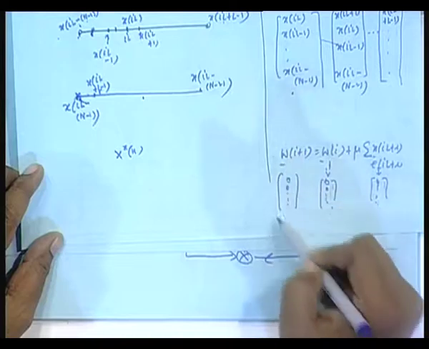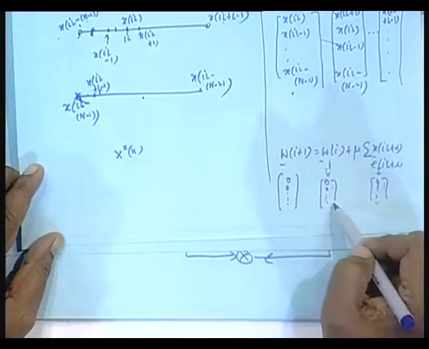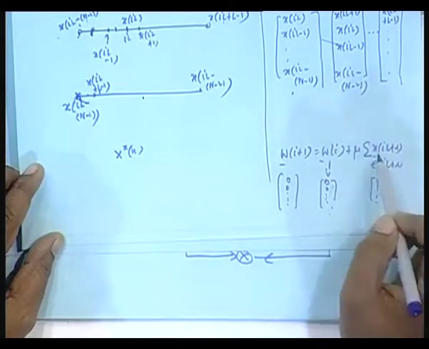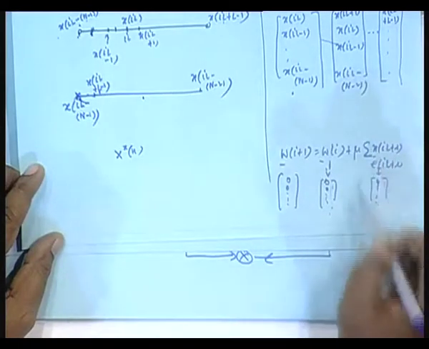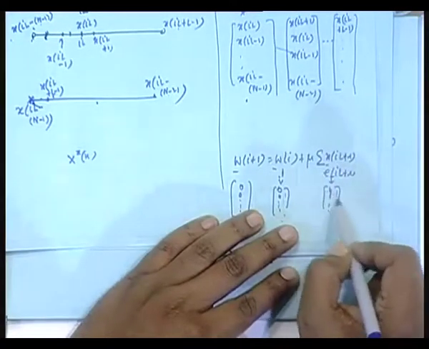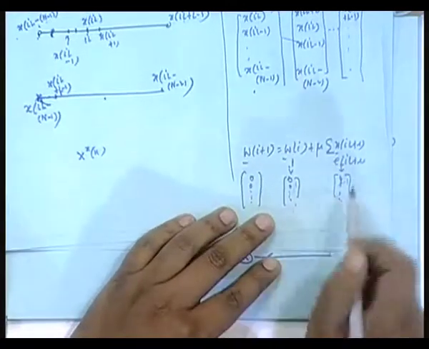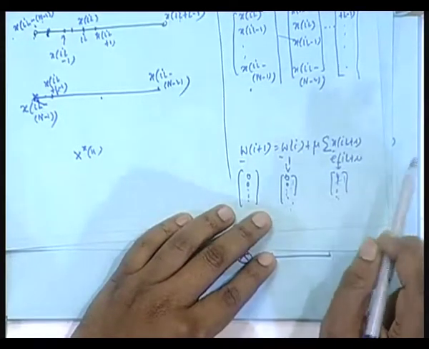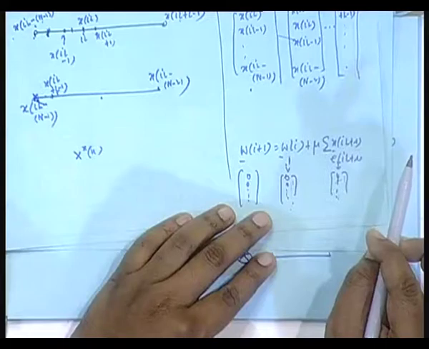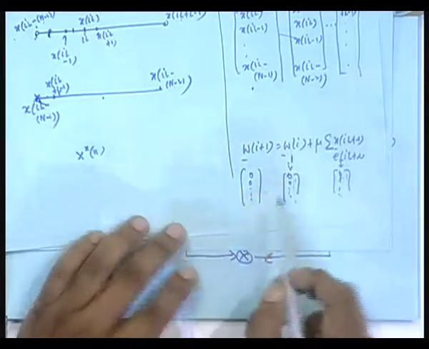Now, DFT of this is DFT of this plus DFT of this, isn't it? But DFT of this means what? Sorry, yes, that is correct.